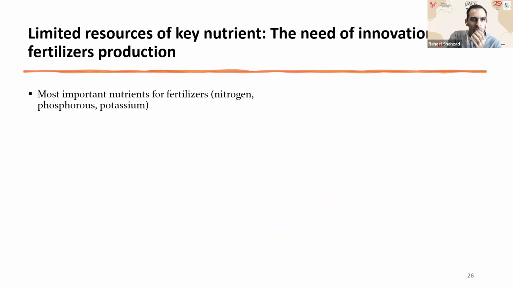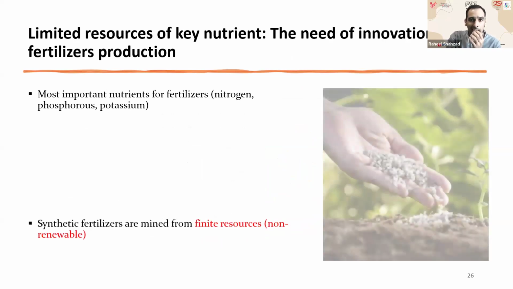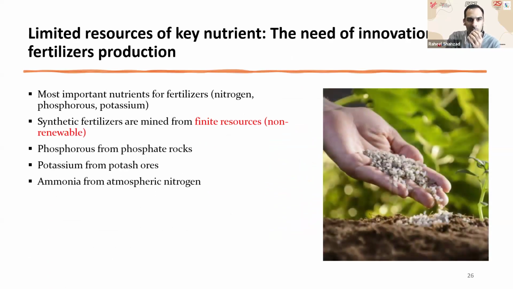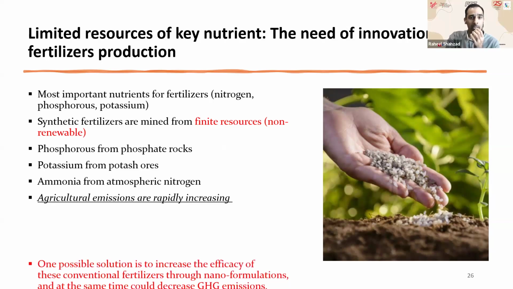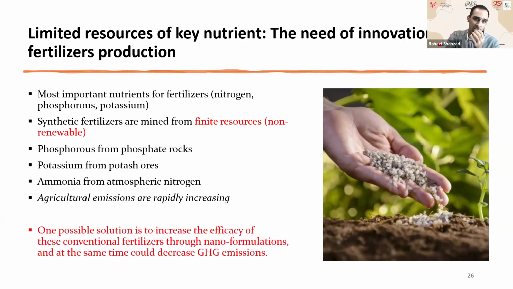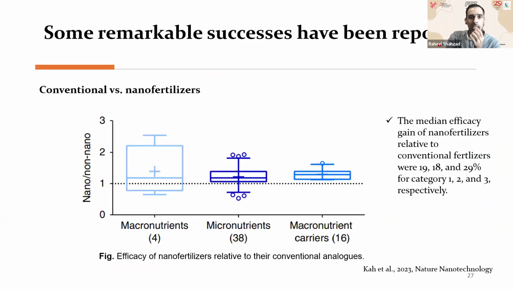I think we should go through this quickly. We already talked about it: we have finite resources, and on the other hand, emissions are rapidly increasing. So there is a need to increase the efficiency, and that we can do by using nanofertilizers.